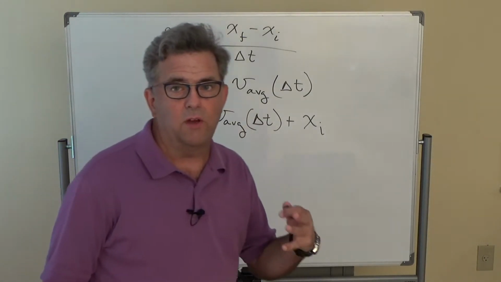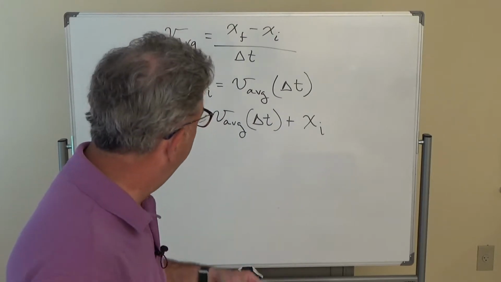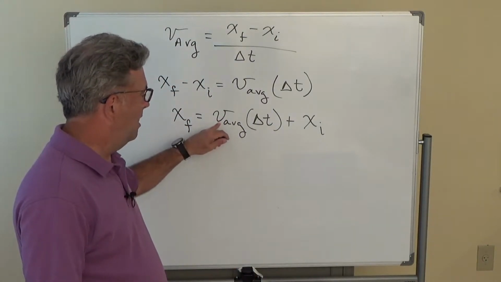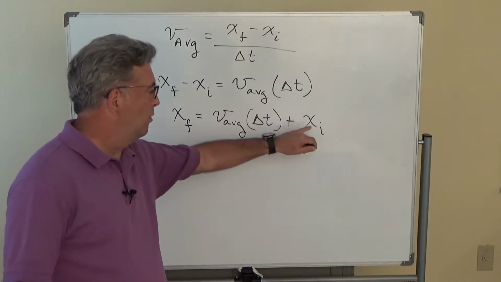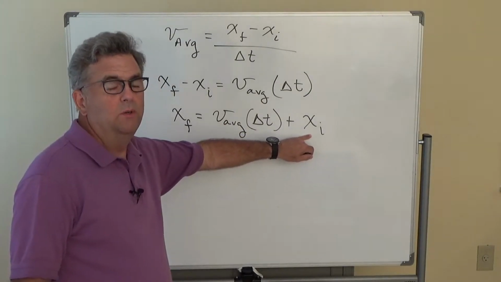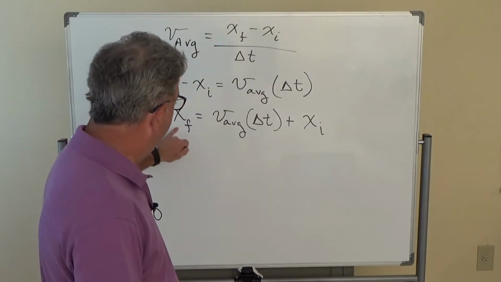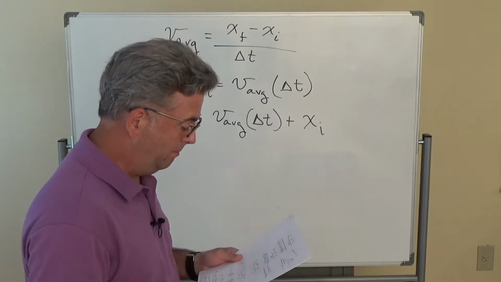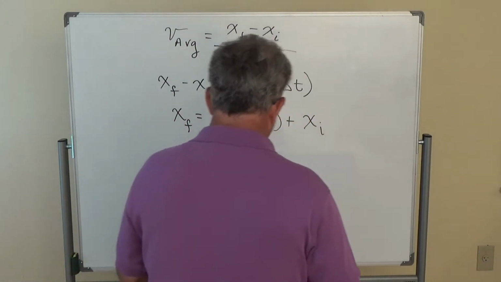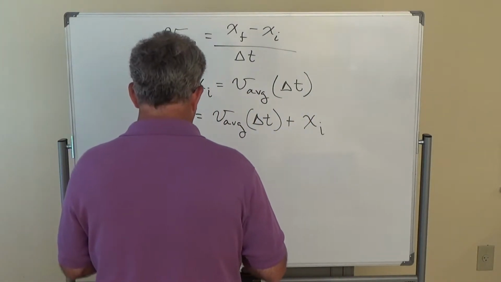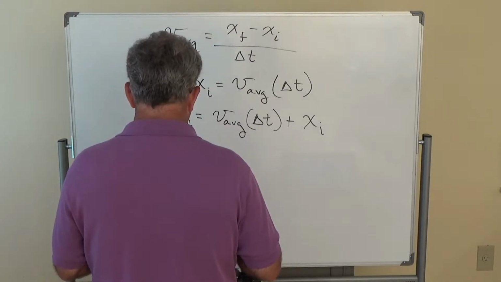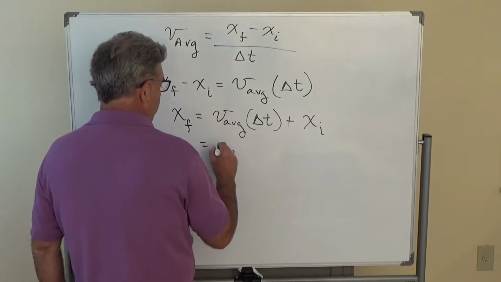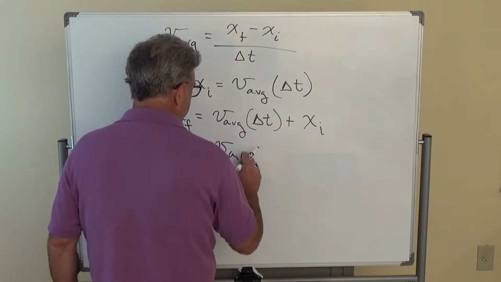And don't forget those signs. Don't forget the signs for velocity. If your velocity was in the negative direction and your initial position was in the positive direction, you may get a negative x final, okay? That's fine. So for constant acceleration problems, let me rewrite this in one other way. This is equal to v average.